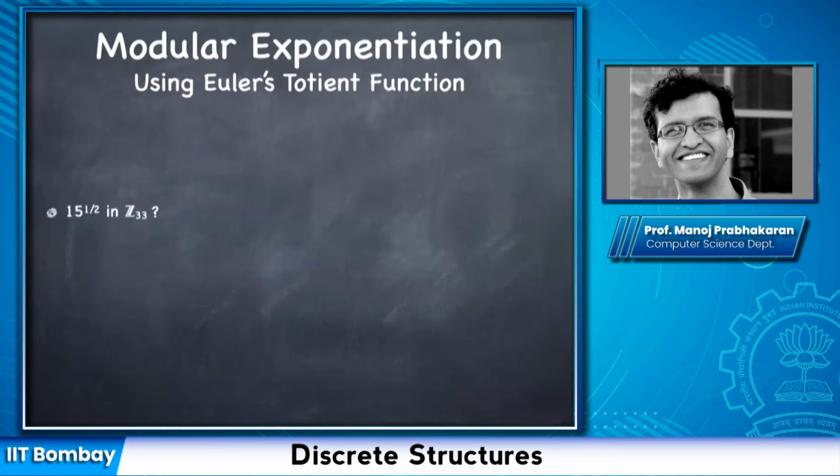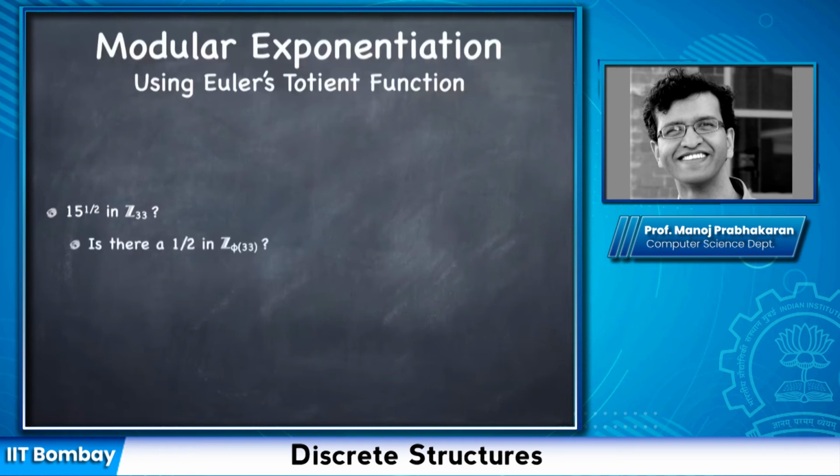Okay, so we saw 15 has a cube root in Z33. Does it have a square root? And again, this time, 15 is not in Z33 star, but that turns out to be not a problem because 33 is the product of two prime numbers.